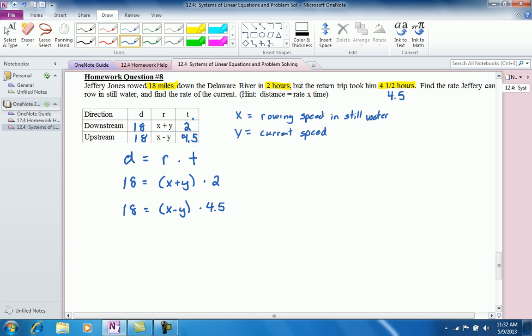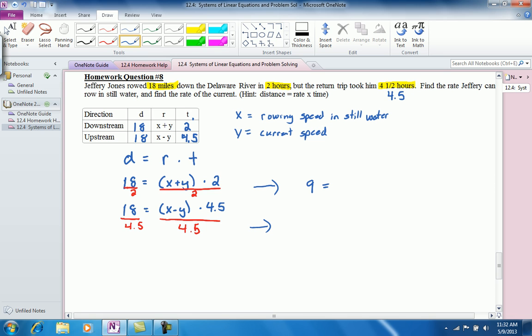Okay, there's a couple routes I could go to solve this problem. One thing I can take advantage of is to divide both sides of this equation by 2, and divide both sides of this equation by 4.5. And if I do that, 18 divided by 2 is 9.